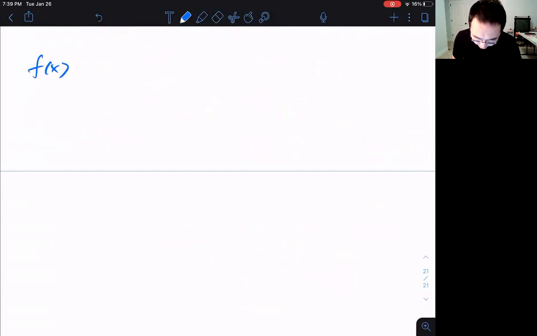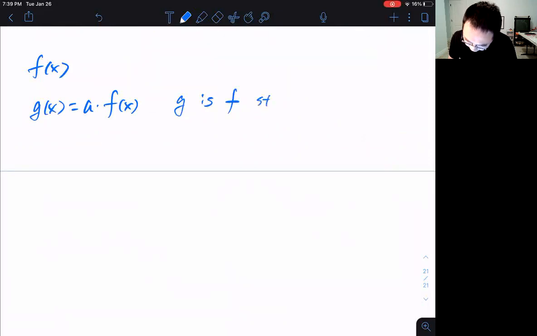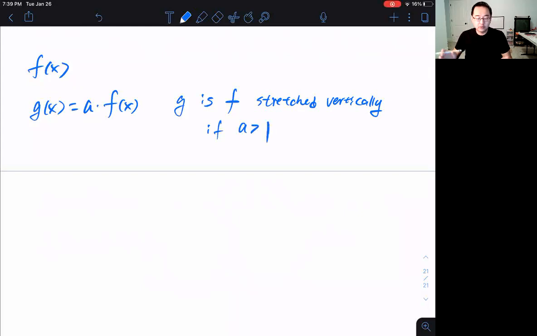Now if you have g of x equals a times f of x, then g is f stretched vertically if a is greater than 1. So it's a similar shape, but pulled bigger vertically.